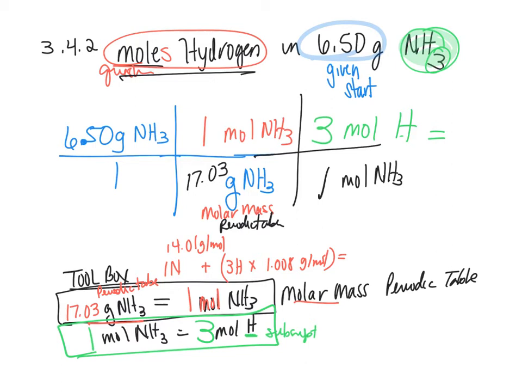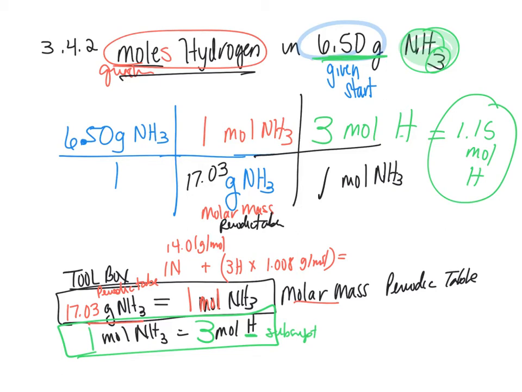So now we go 6.50 grams divided by 17.03 times 3. And I get 1.15 mole of hydrogen. And I need 3 significant figures because it's in my given for 3.